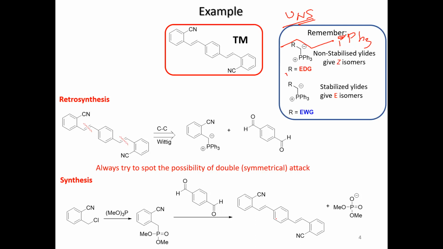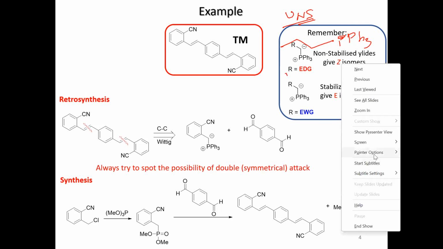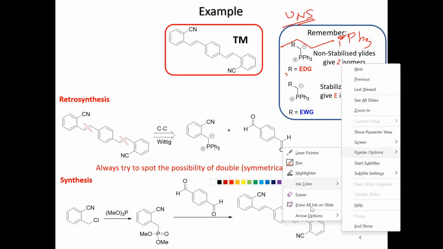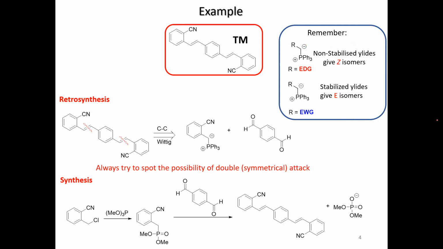This is to remind you. Whenever you use the Wittig, remember to think about the structure of your halide. Stabilized ones, yes, you need to remember, but if you remember, stabilized means that it forms the most stable one.